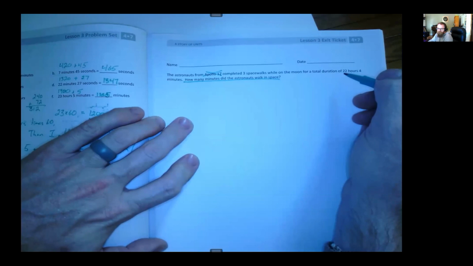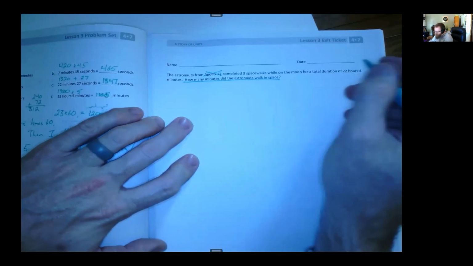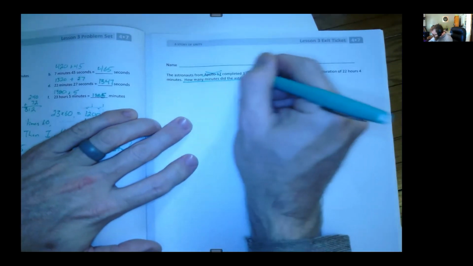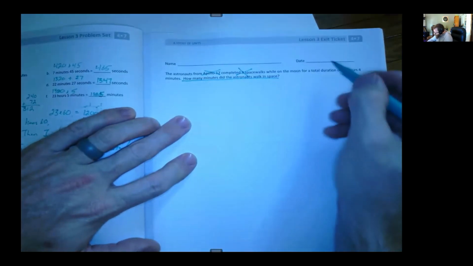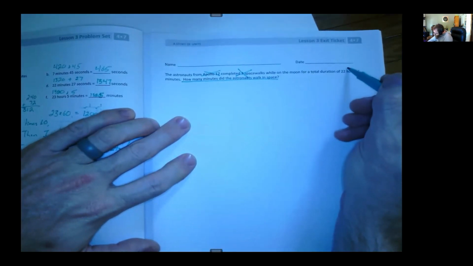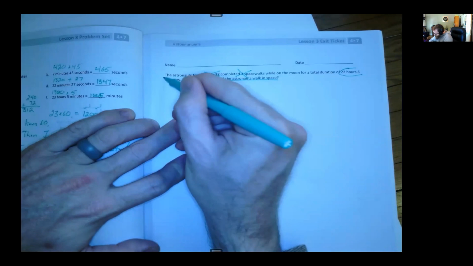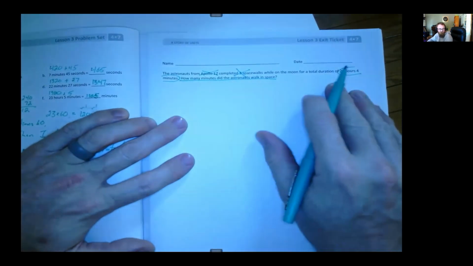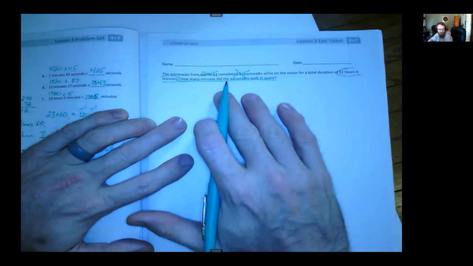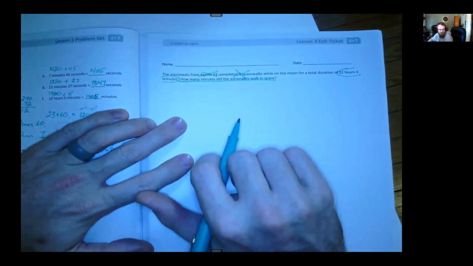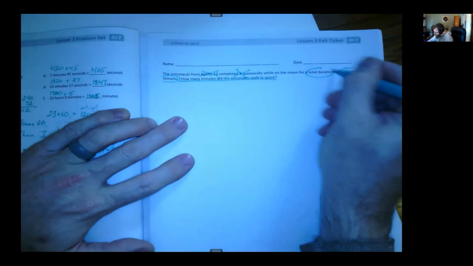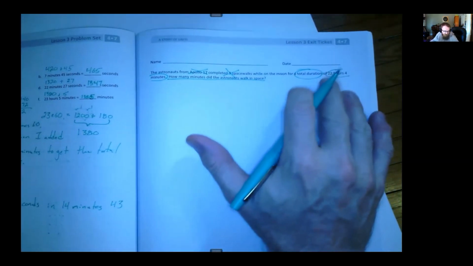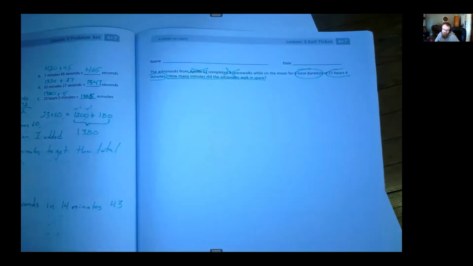It doesn't matter if they went on 3 spacewalks or 1 spacewalk or 100 spacewalks. That's all you have to do, is convert 22 hours and 4 minutes to minutes. That's the total. Give it to me in minutes, please. Use your table to help you complete the exit ticket, and I will see you tomorrow.